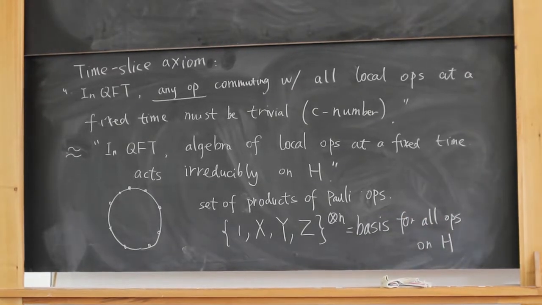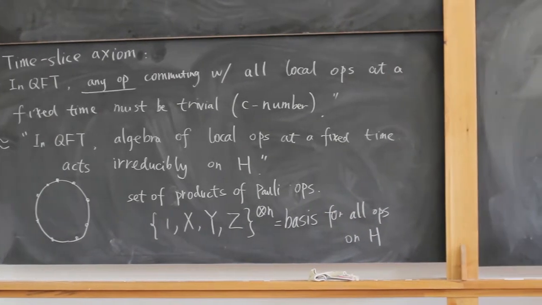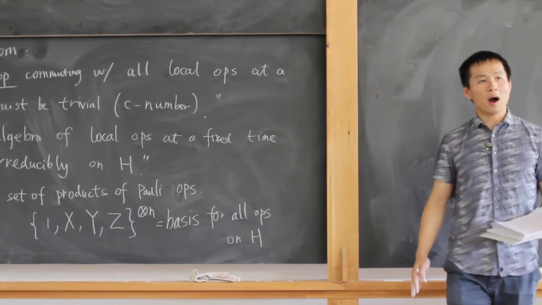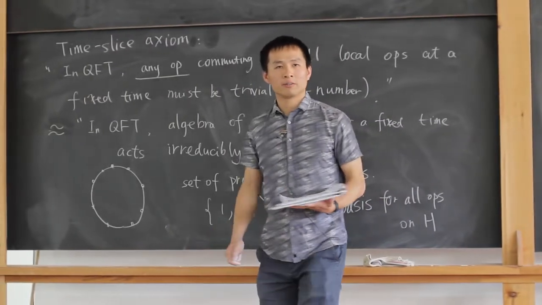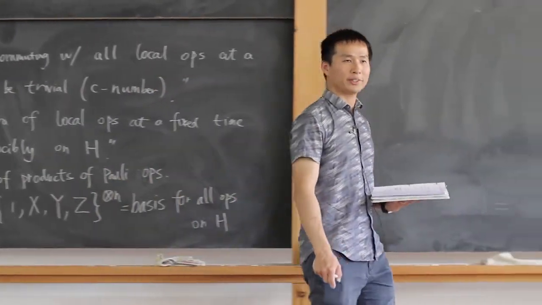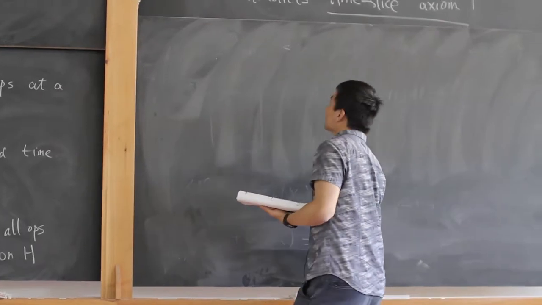For any operator acting on a Hilbert space of n spins, we can decompose that operator in terms of linear combinations of these products of Pauli operators. That should be fairly obvious.